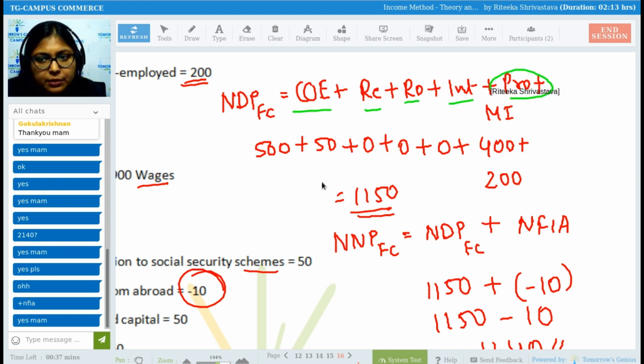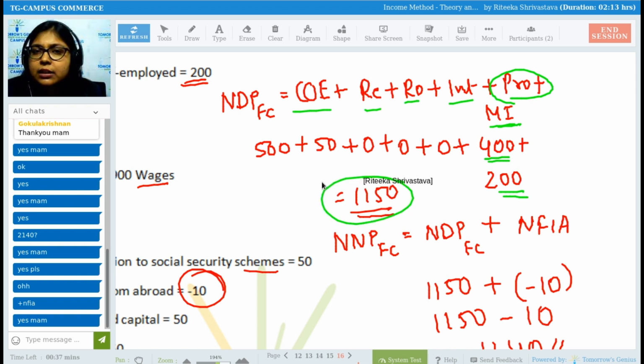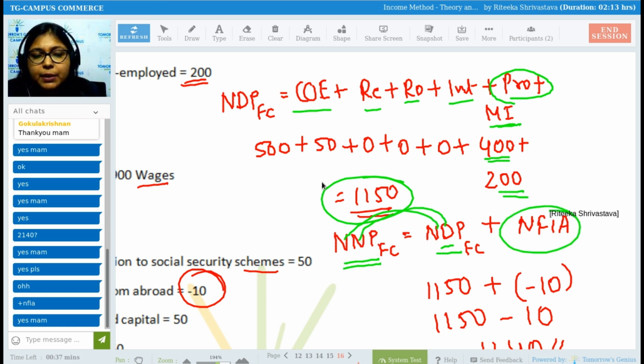Royalty was not given. Profit was directly given to us in the question, so we took it as it is, 400. Mixed income directly given to us, we took it as 200. We got total 1150. Now the question asks us to find out NNPFC. So NNPFC is equal to NDPFC. Net to net, no changes. Domestic to national, plus NFIA. P to P, no changes. FC to FC, no changes. So NFIA minus 10 is given to us, so 1150 plus minus 10, that is 1140.